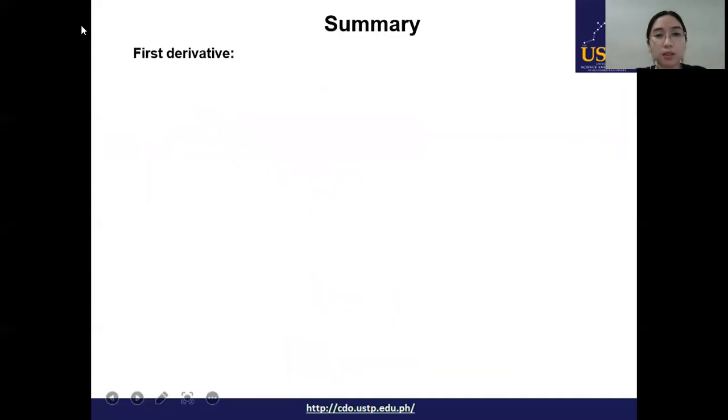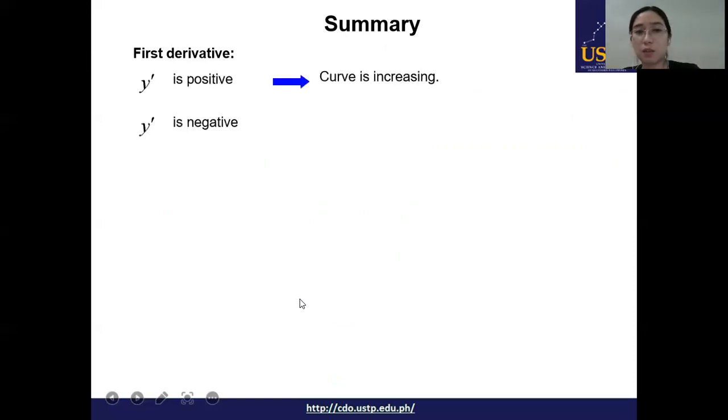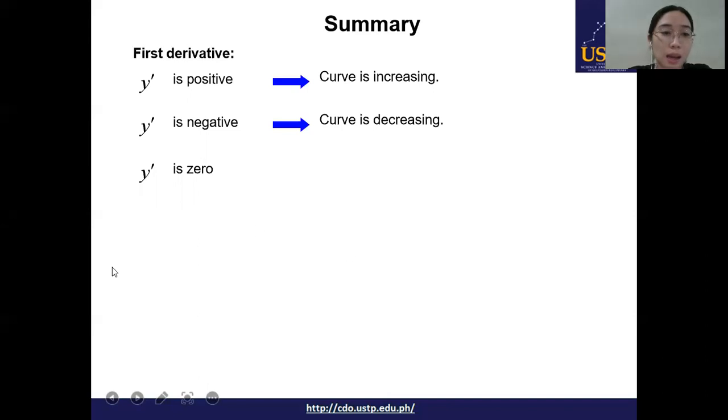Okay, so for our summary sa ato ang topic for this week, which is all about polynomial curves. So for our first derivative test, when y prime is positive, therefore the curve is increasing. When y prime is negative, therefore the curve is decreasing. And if y prime is 0, it is a possible local maximum or minimum.